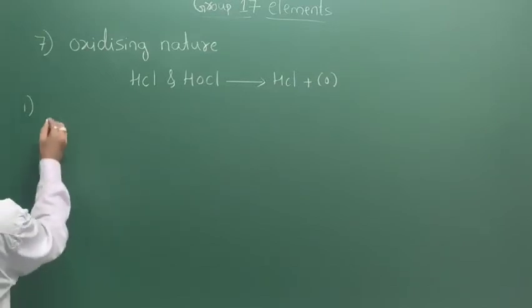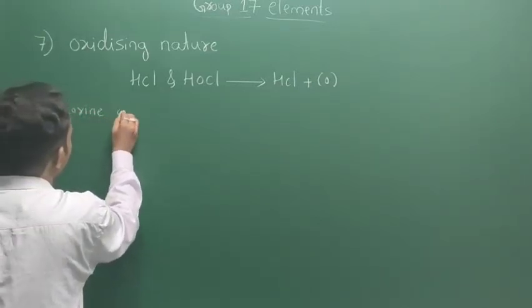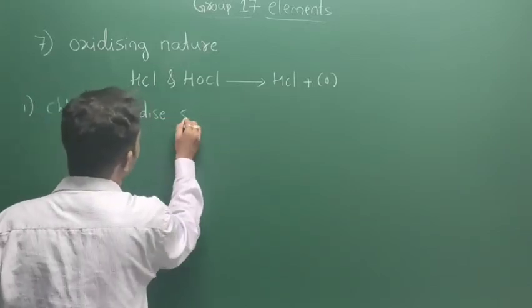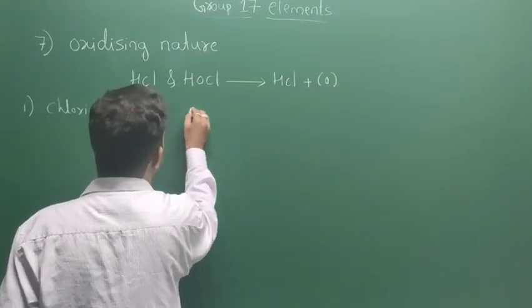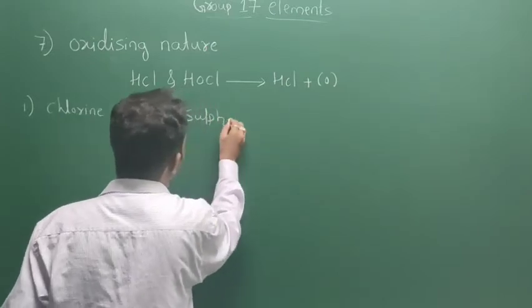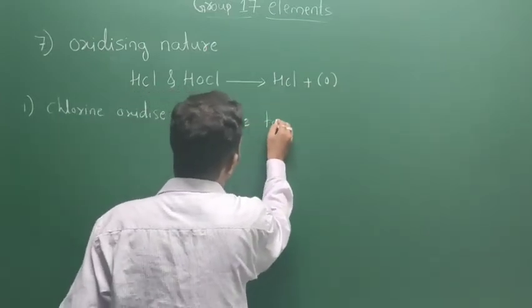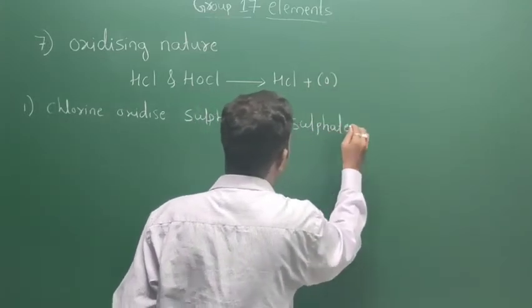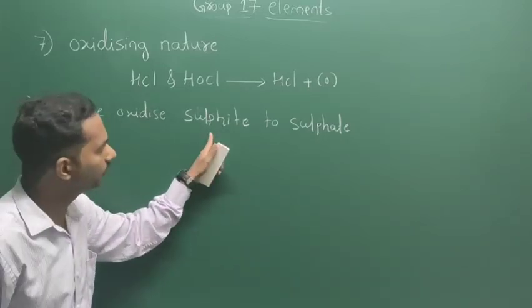First one, chlorine oxidizes sulfite to sulfate.